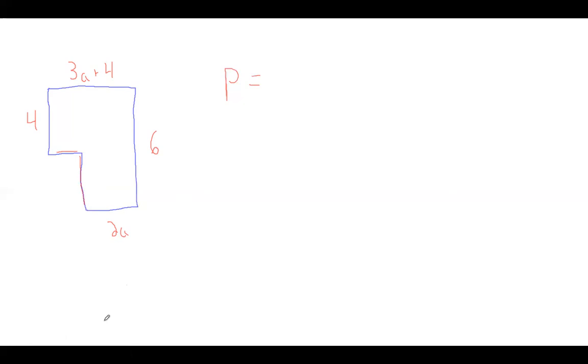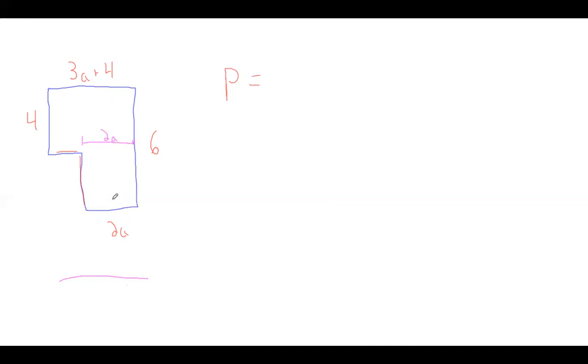So what you have to recognize here is that they gave you this whole side, we know what it equals, right? So imagine if we move that down, it would be this long, right? And we know how much it is from here to here. It's 2a.